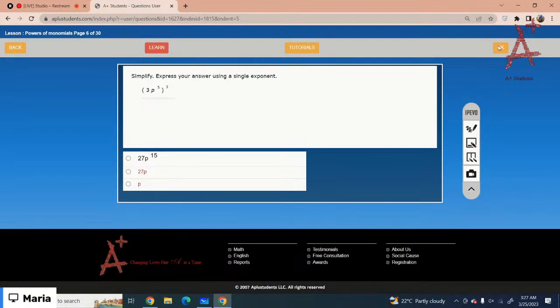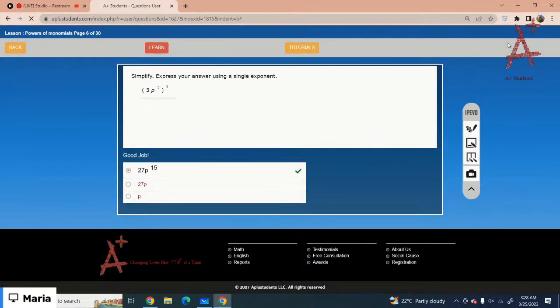So 3 times 3 times 3 is, okay, so it is 27p to the 15 is the correct option. Very good. Just select the correct option and click on the OK button.